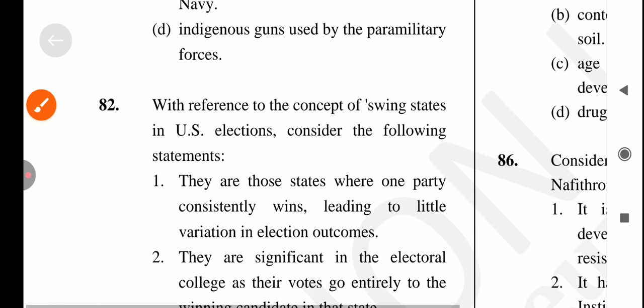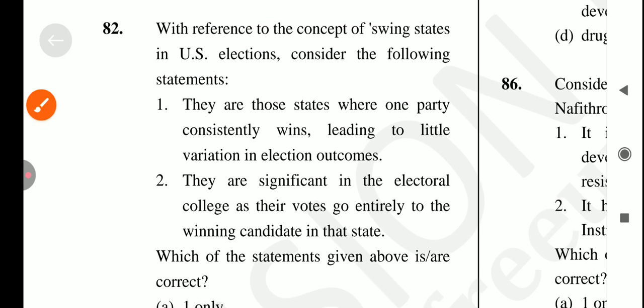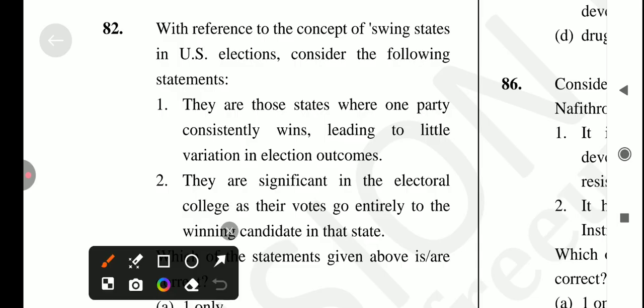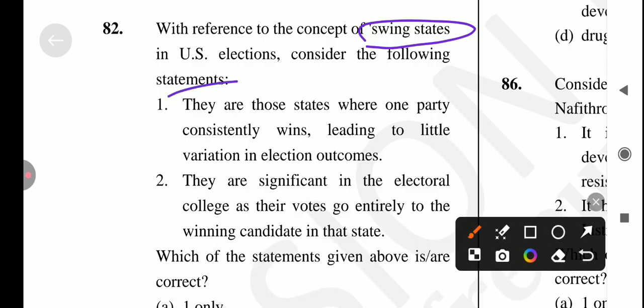Next is: with reference to the concept of swing states in US elections, consider the following statements. So the first statement is, they are those states where one party constantly wins, leading to little variation in election outcome. Is it true?